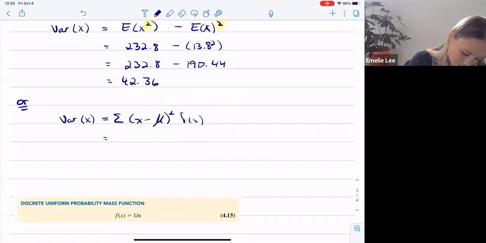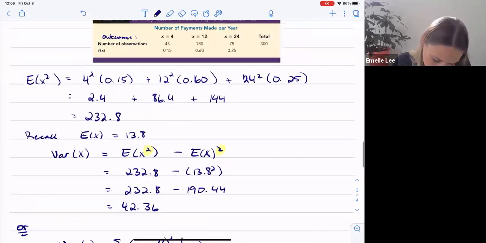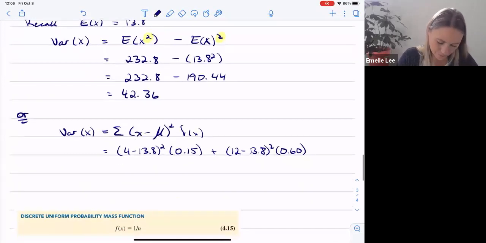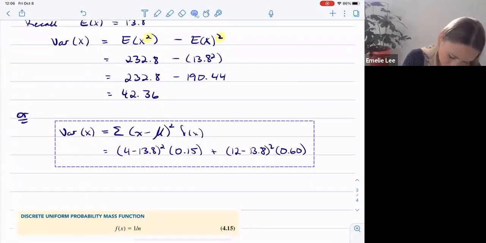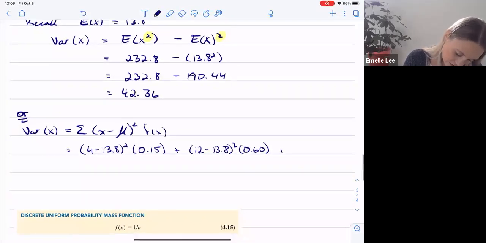It means 4 minus 13.8 squared times 0.15, plus 12 minus 13.8 squared times 0.60, I think it was, and then 0.25, I want to say. Plus 24 minus 13.8 squared times 0.25.